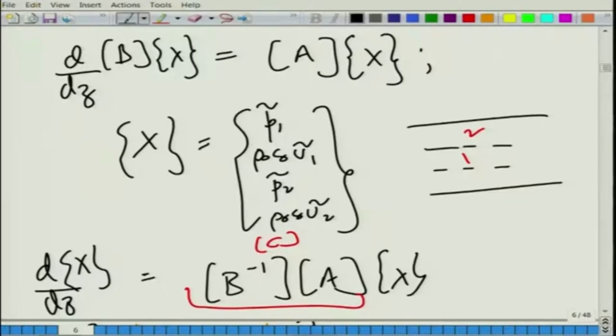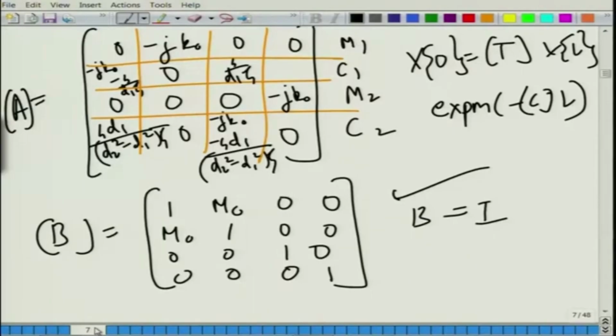We found that once we do B inverse A, we call this matrix C. We had purposely recast these equations by writing the momentum equation first, then the continuity equation in duct 1 on the airway, then momentum equation 2 and continuity equation 2. With this arrangement M1, C1, M2, C2, we get the B matrix in this form.